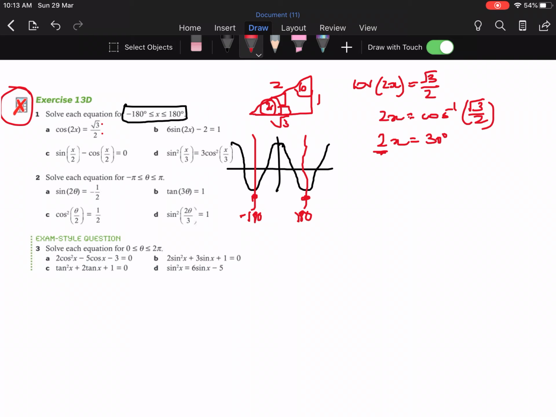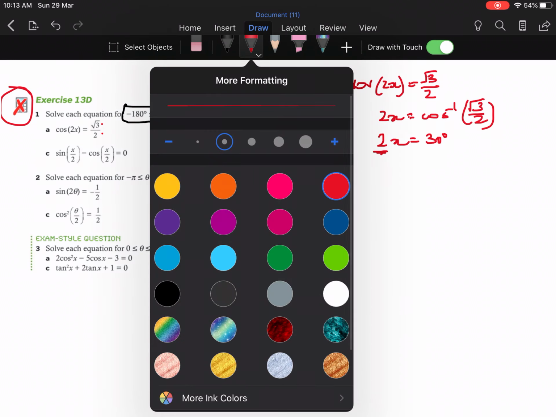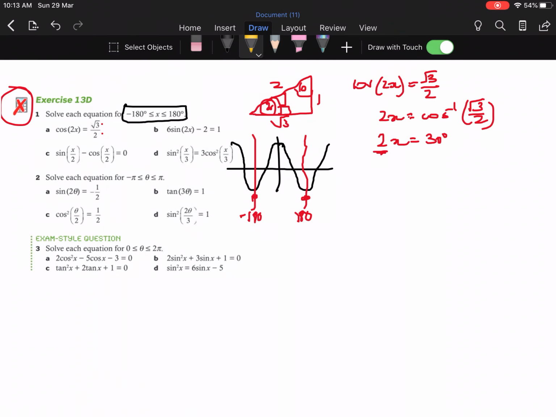0.86 or 87, so it's always going to be close to the top. So if I was to draw this in a different color, let's go for a nice yellow. That there is approximately the points. So it's actually only 2 points because it's only from negative 180 to 180.